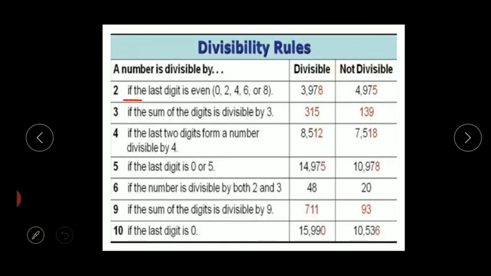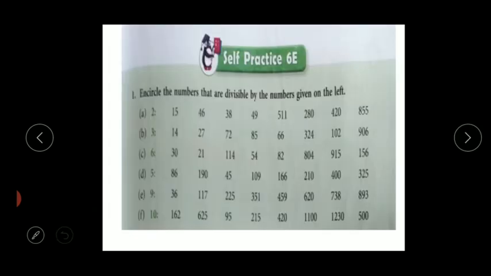If the last digit of the given number is even, then the number is divisible by 2. Even numbers are those which are divisible by 2, right? So just see, in the case of 15, is the unit digit an even number? No, 5 is not an even number, right? So 15 is not divisible by 2.